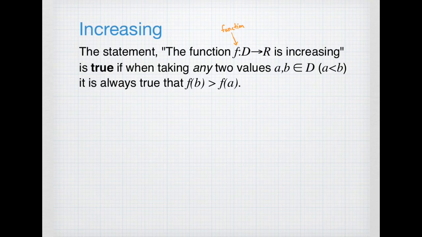So f represents the function, D represents the domain, and R represents the target, or the output values.